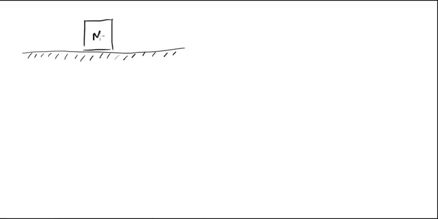Let's say that we're pushing this block with some force F, and there's going to be some frictional force that's going to act backwards, F friction. What other forces are there? Well, we've got the weight down, mg, and we've got the normal force up, F normal.